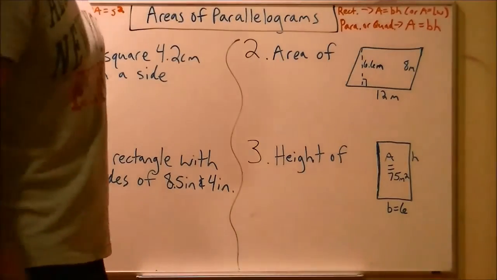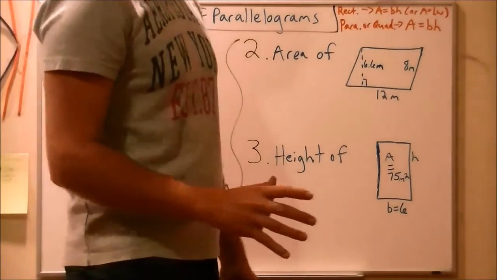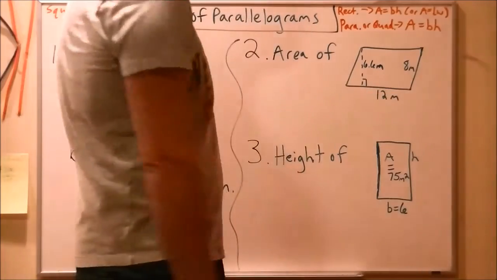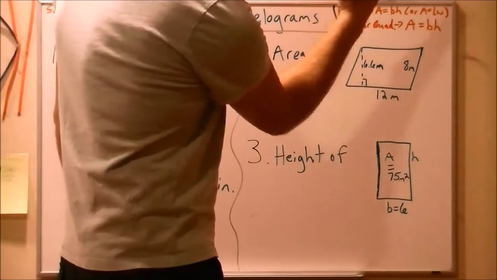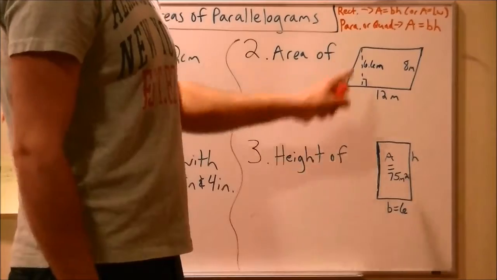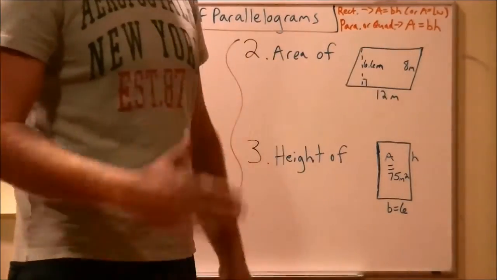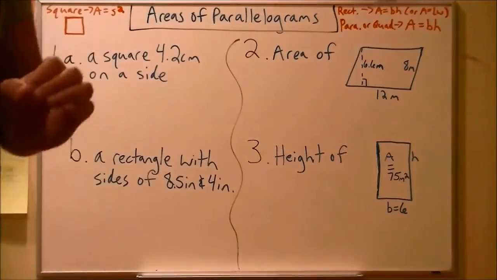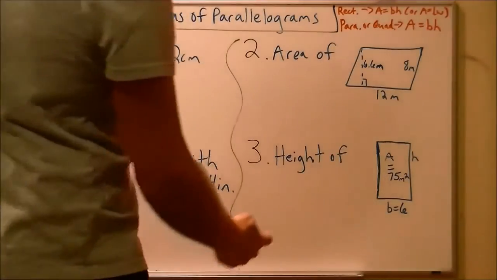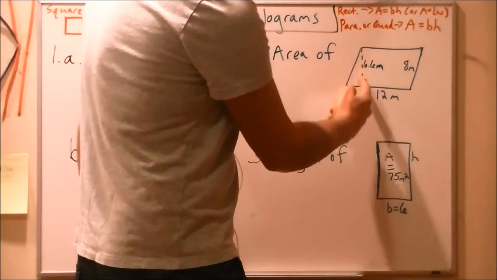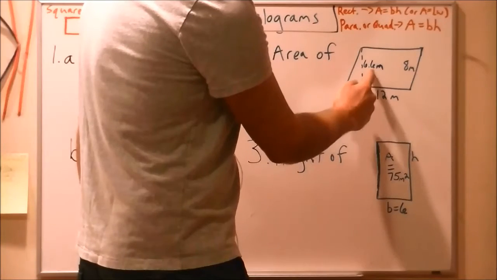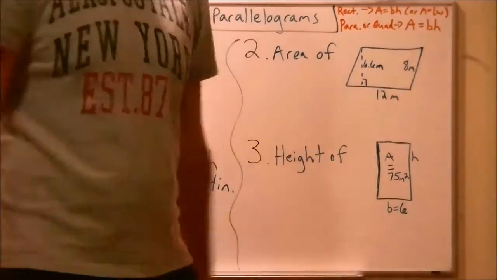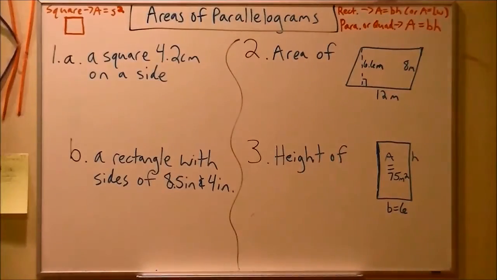However, there are some parallelograms or quadrilaterals that are not rectangles and are not squares. You see how these get slanted? Okay? And if you see them like that, with those slants to them, they're still parallelograms, they're still quadrilaterals, however, they're not rectangles. And the reason for that is the height, which turns it into a rectangle, is going to be shorter than what the length of those sidelines actually are. And that's the difference between the 2.